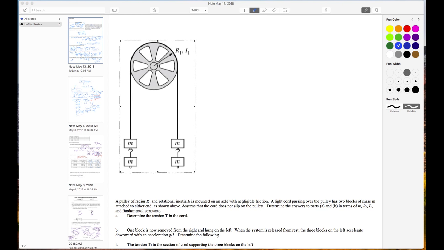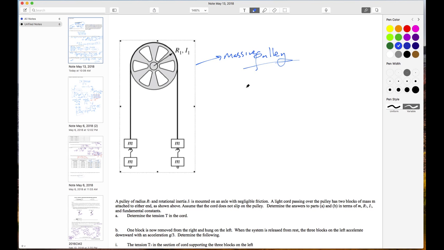This is a problem where we have a pulley, which has mass, okay? So this pulley has some mass. It's a massive pulley, and a massive pulley is sort of this interesting thing because now we can't discount it in a problem.